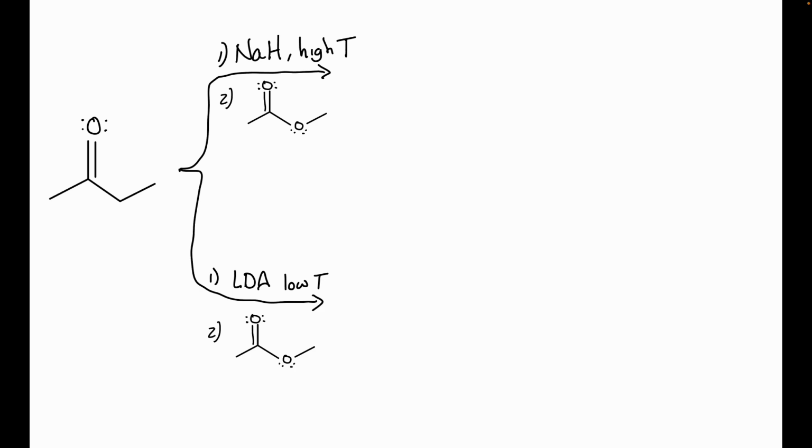So again, the difference here being which alpha carbon gets deprotonated. This direction would be my green. This direction would be my orange. We're going to get something very similar to what we saw with our aldol addition, except that when that tetrahedral intermediate forms, it's got that good leaving group that it can kick off.